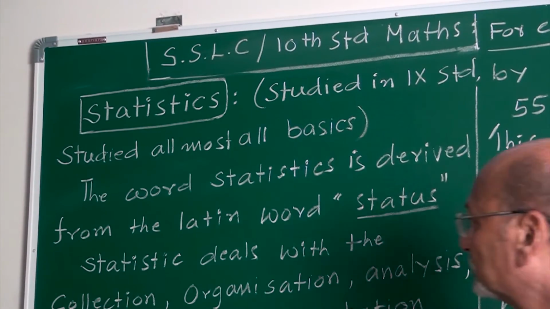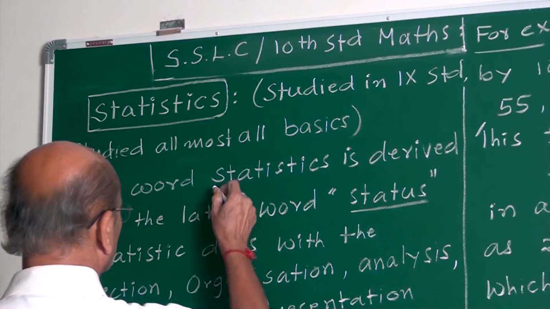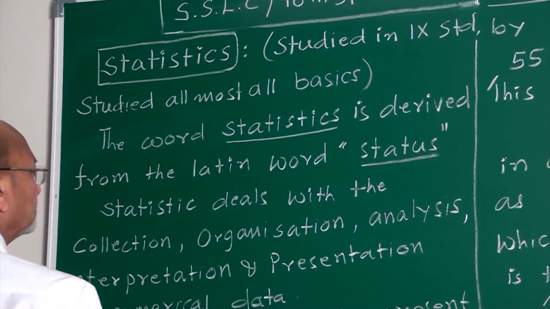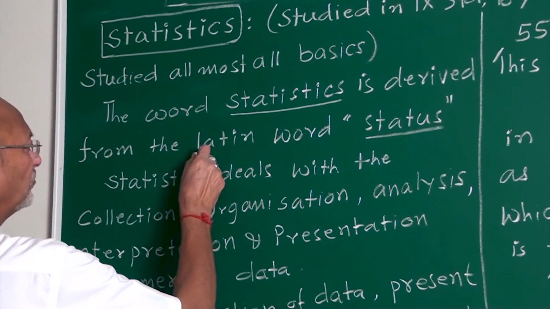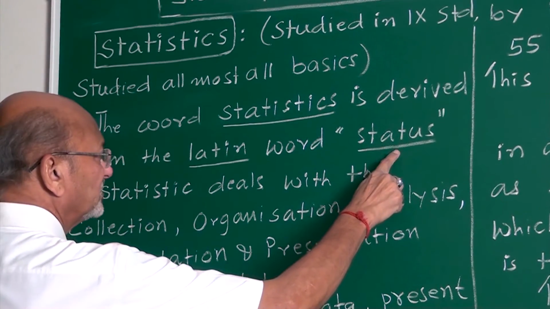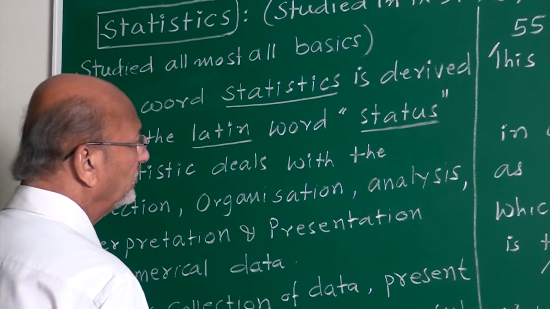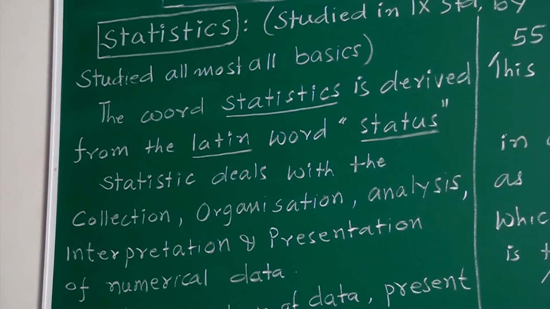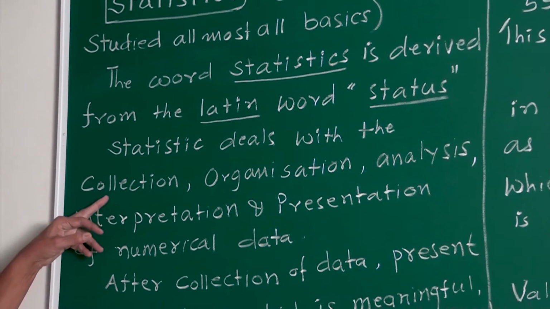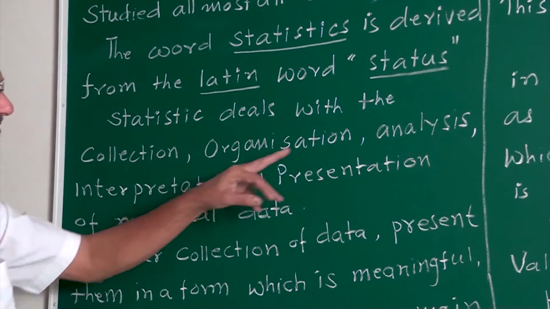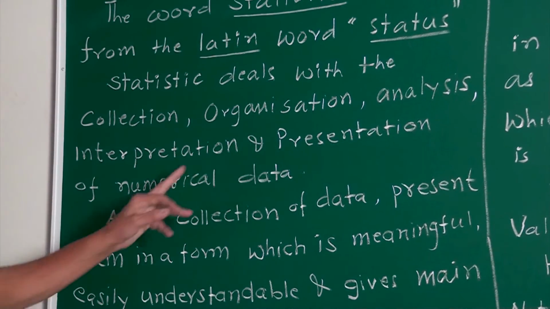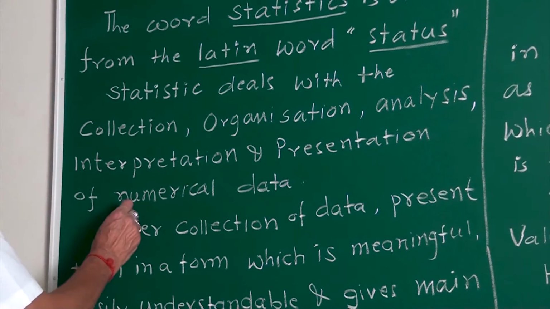Yes, my friends. The word statistics is derived from the Latin word. It is a Latin word, status. Status is a Latin word meaning a state. Statistics deals with the collection, organization, analysis, interpretation, and presentation of numerical data.